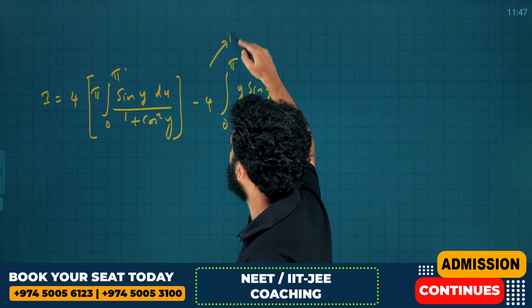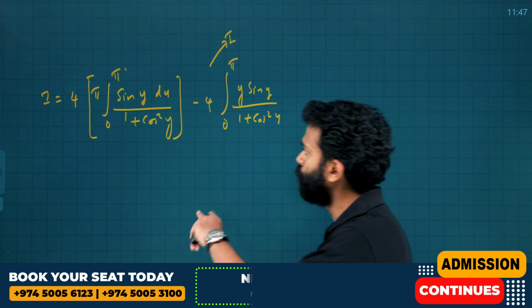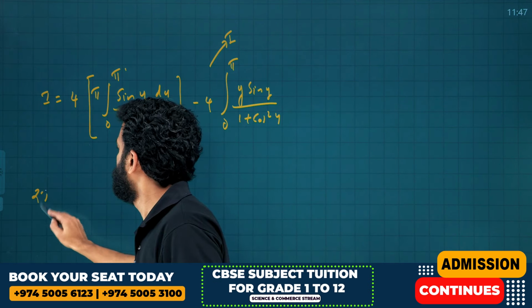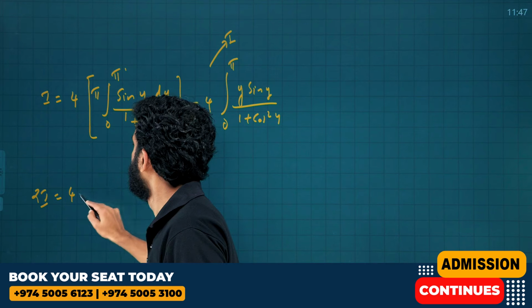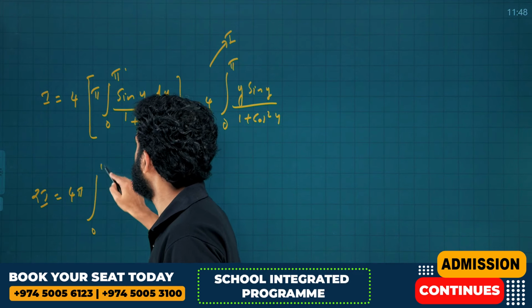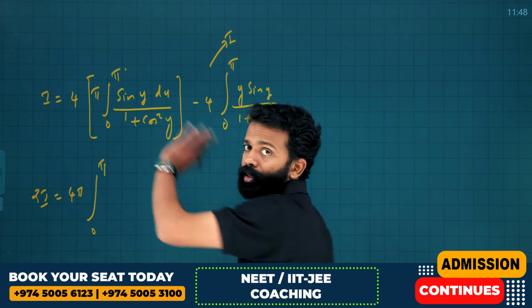I have opened the bracket. So this is basically I, it becomes 2I, that is 2I is equal to 4 pi into the integral from 0 to pi. See, this is only where we need to integrate.